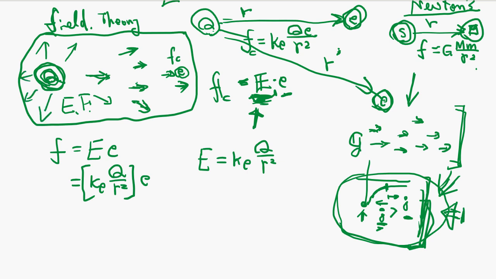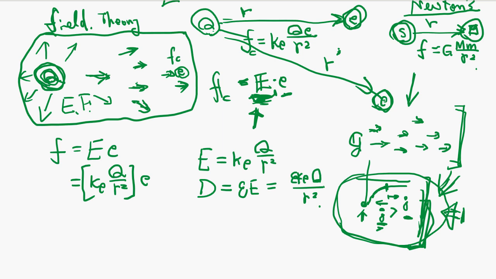Okay, so D is defined as epsilon E, right? So it's going to be epsilon k_e Q over r squared.